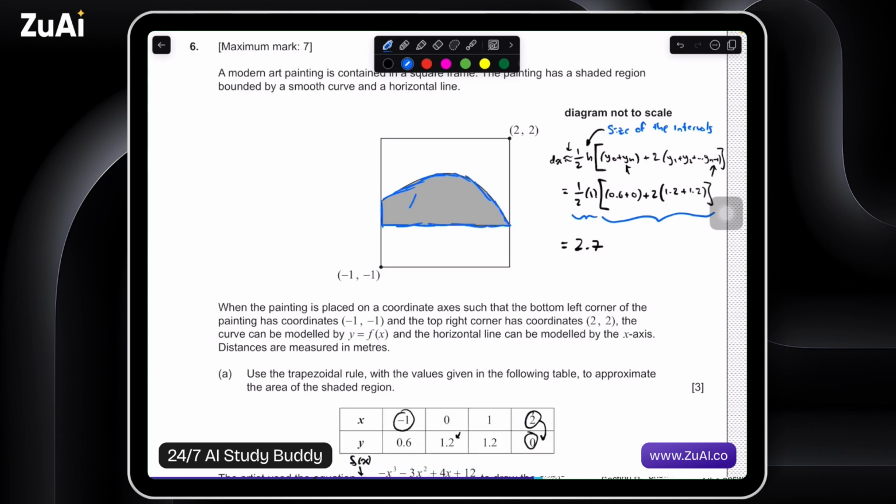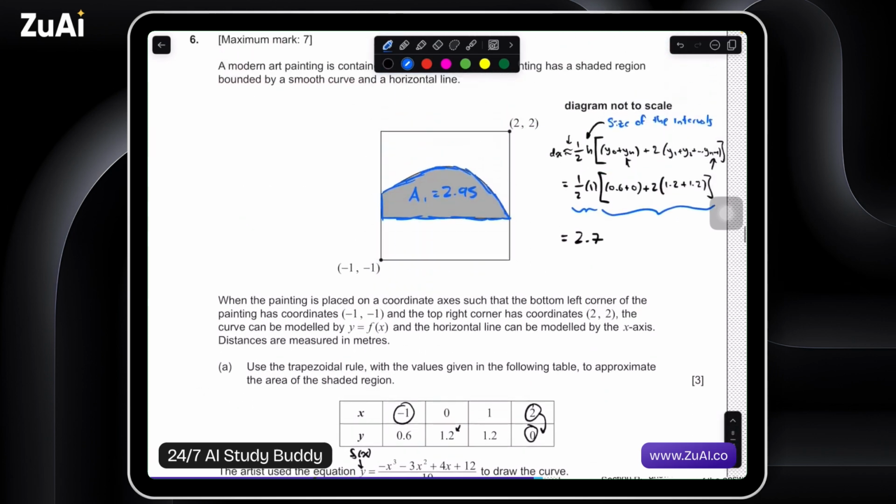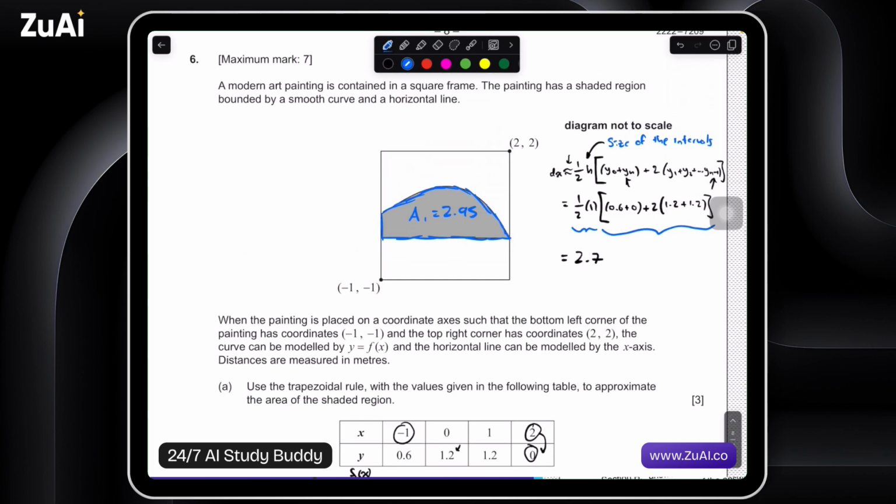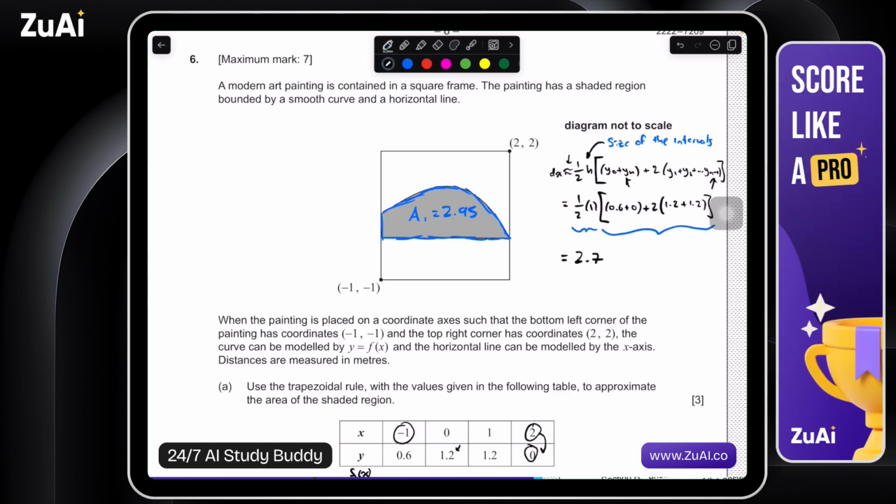So this is, let's call it A1, and it equals 2.95. And we want to find the area of the unshaded region, so everything that is not within the shaded region, essentially. And so what is the area of this total thing?